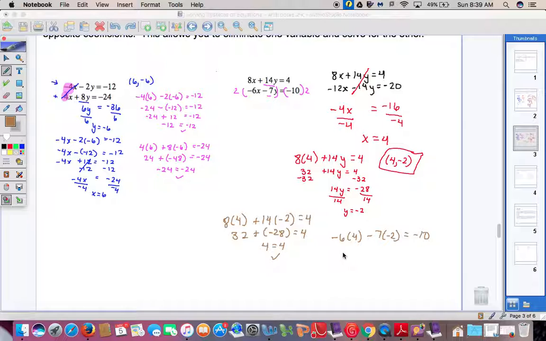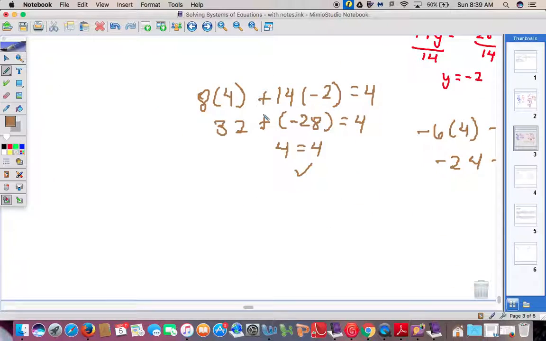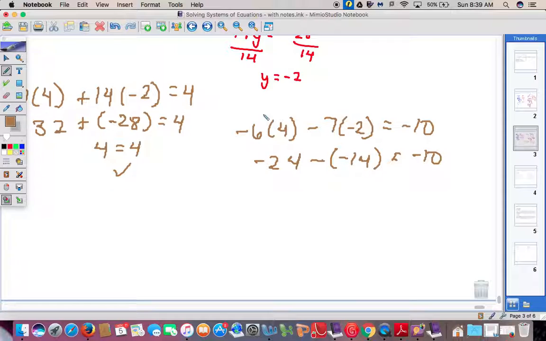Negative 6 times 4 is negative 24, minus 7 times negative 2 is negative 14, and that should equal negative 10. Some pretty awful handwriting.